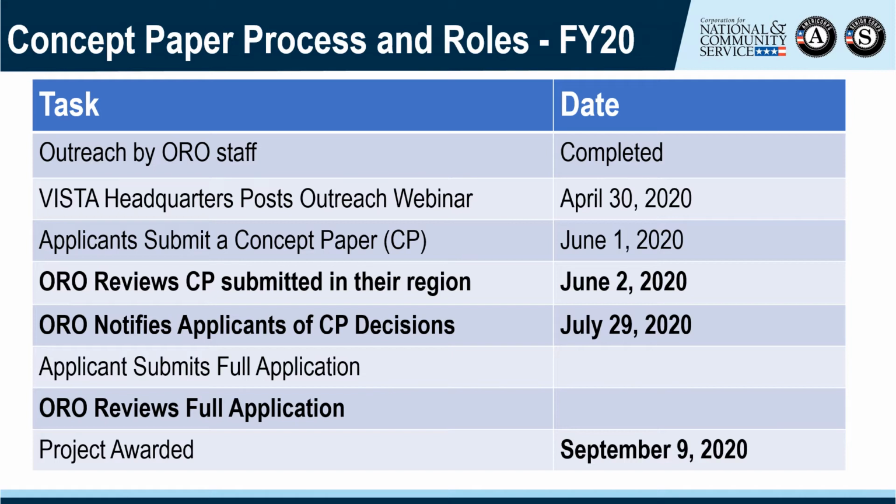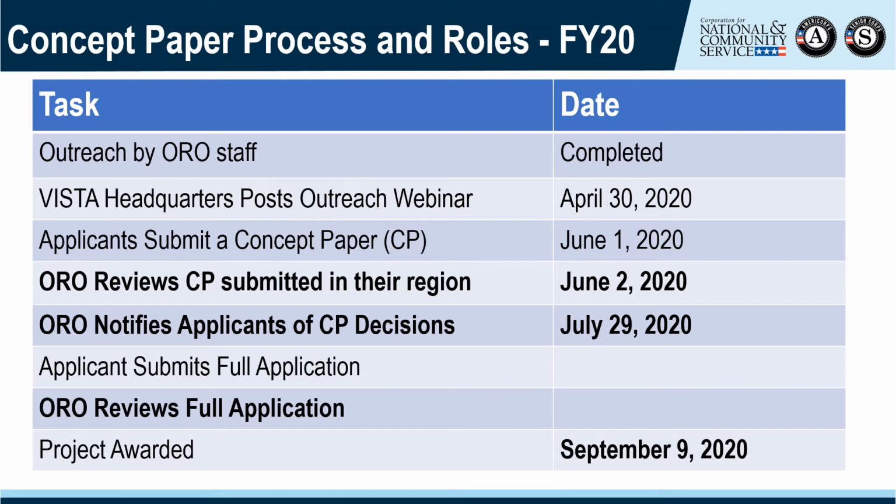If approved, you will invite the applicant to submit a full project application for the second step of the application process. The VISTA guidance and application instructions go along with that invitation, and they really structure the application process as a whole. Then at that point, the applicant must complete and submit the full application, and you will go on to review it.